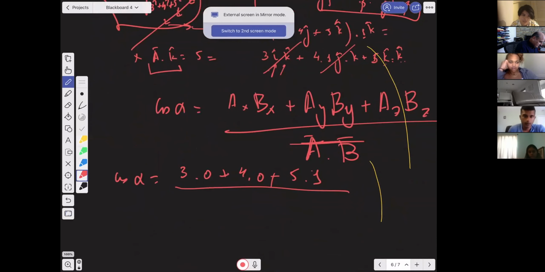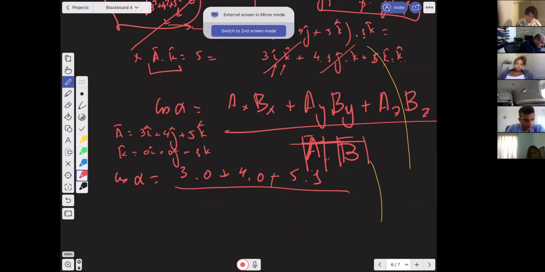But this is not A dot B, it's the magnitude of A by the magnitude of B. So cosine of alpha will be ax bx plus ay by plus az bz over that. Remember that A is 3i plus 4j plus 5k, and the vector B is 0i plus 0j plus 1k.